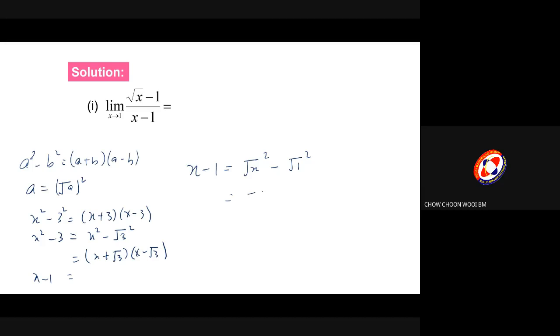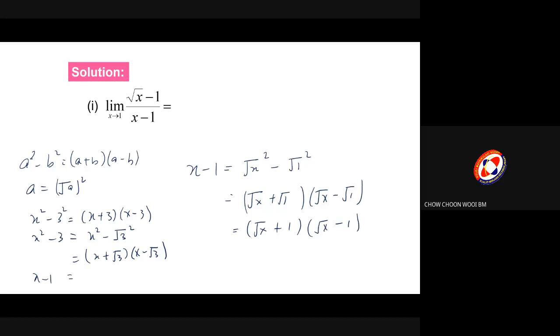So which is equal to sert X plus sert 1, sert X minus sert 1. So it's equal to sert X plus 1, sert X minus 1. Okay.